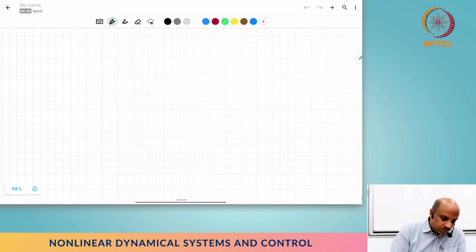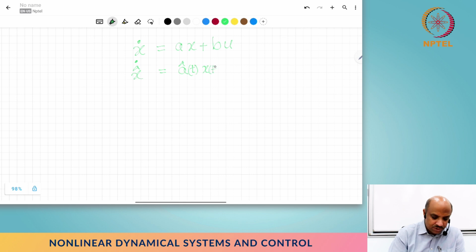Okay, so I have x dot equals ax plus bu. The idea is I want x hat dot to be some estimator, a hat of t times x hat of t. I'm just writing these t's so that we are clear, but I'll drop them soon. This u is the same, right?